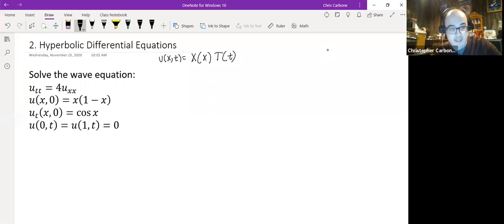So here we are going to have the second derivative of T divided by 4T, excuse me, I forgot a number here, is going to be equal to the second derivative of X divided by X. And that is going to be equal to negative lambda.